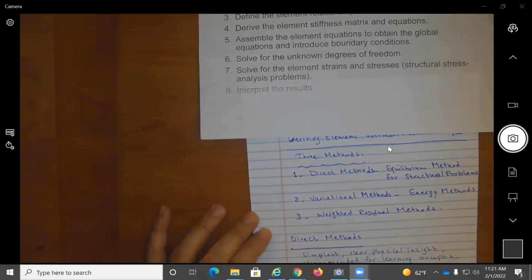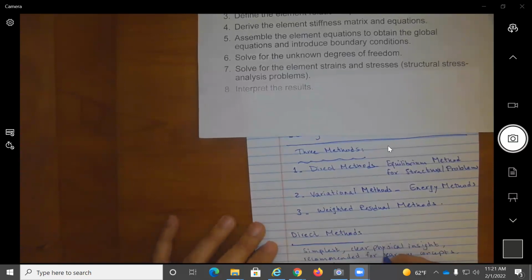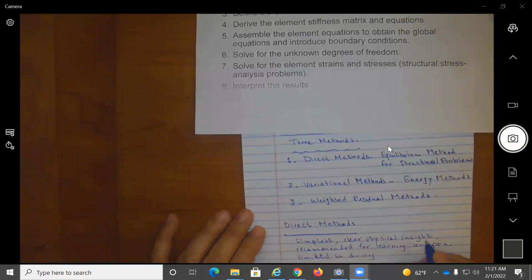However, they are limited to deriving FE equations for one-dimensional elements, 1D elements, as in springs, bars, trusses, and beams.